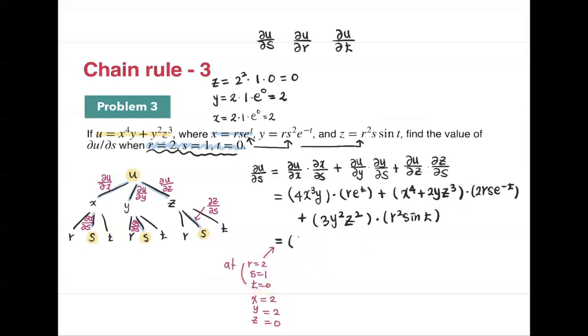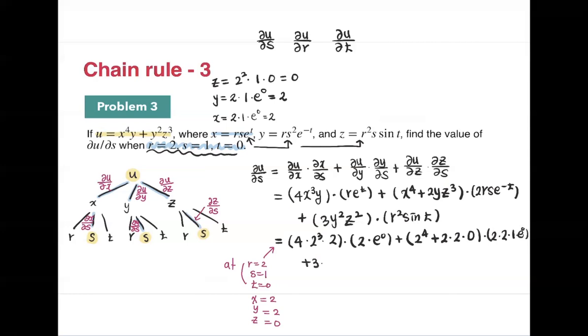So let me see, it is 4 times x cubed times y times r times e to the 0 plus x to the 4 plus 2 times y times z times 2 times r times s times e to the 0. Okay.